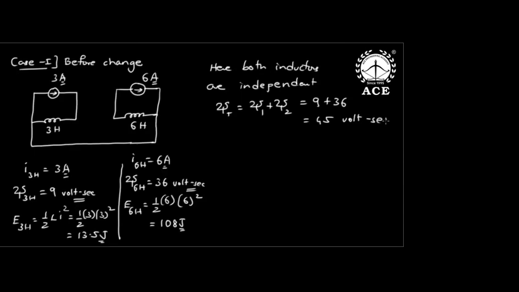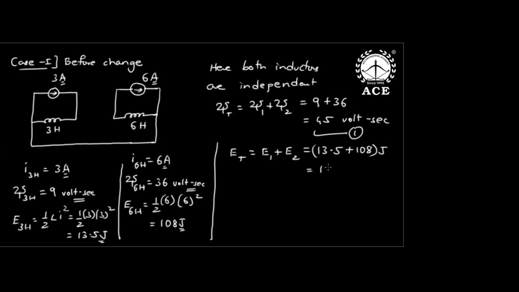Equation 1. Then total energy is E1 plus E2, that is 13.5 plus 108 joules, together it is going to be 121.5 joules.